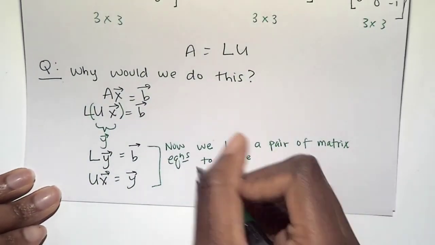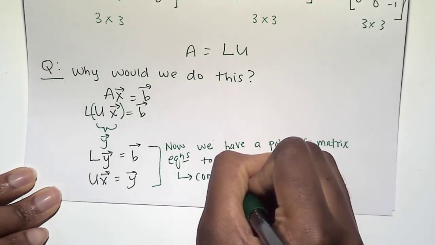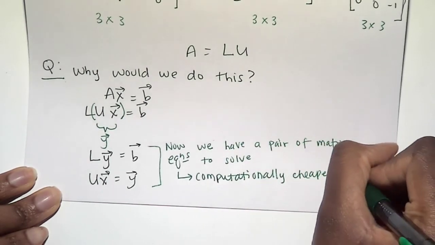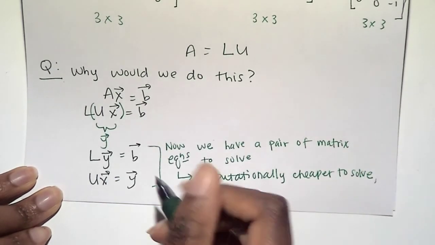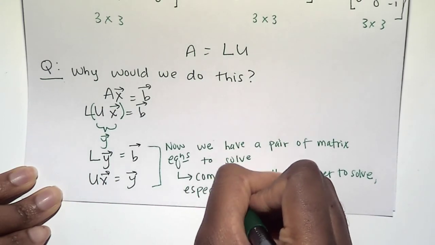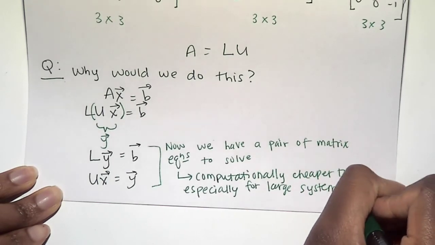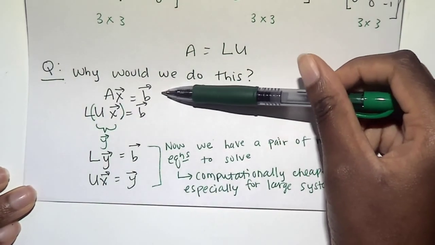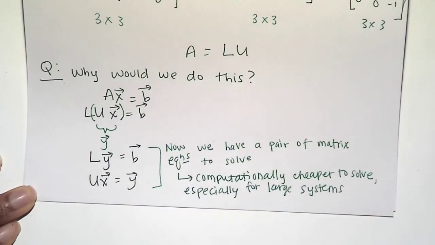This is computationally cheaper to solve, especially for large systems. When you're working in your field and you have a lot of data and you're solving really big systems, it may take a very long time for your computer to compute AX equals B. However, it'll be much quicker to compute these two smaller equations.